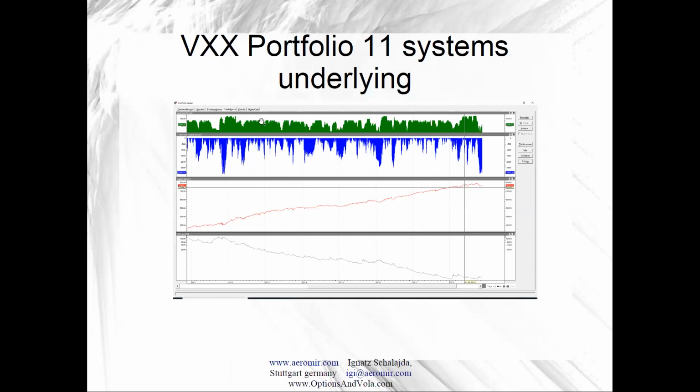And what is here at the top, the green one, you see how much investment it is. So the maximum is 12,000, because every system except the volatility eruptions, which is triple size, 9 systems trade with $1,000 in this system.